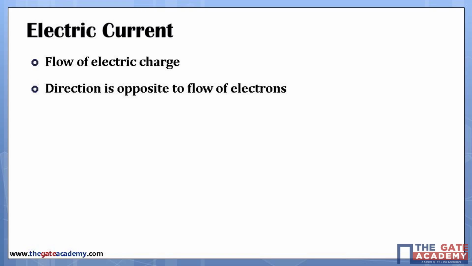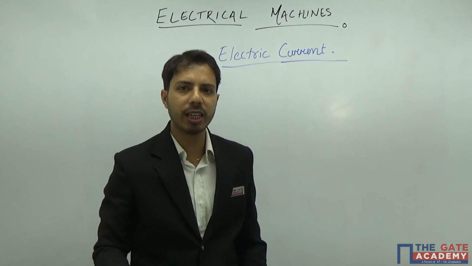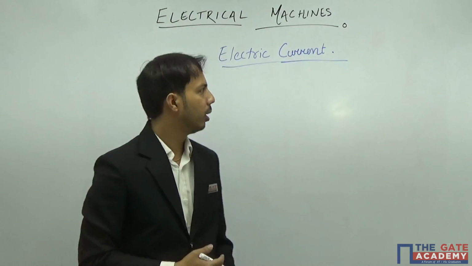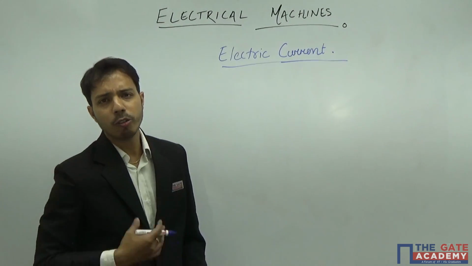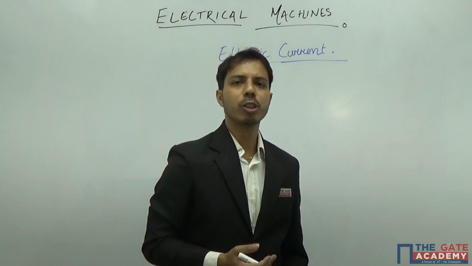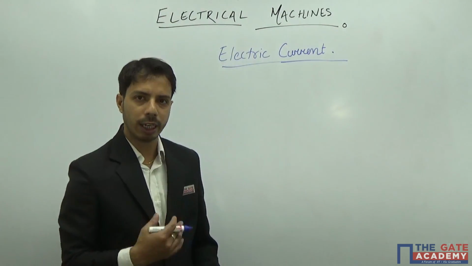The second important concept is electric current. What is electric current? This is also a very familiar term for electrical engineers or for any science student. Electric current is nothing but flow of charge, or in other words, flow of electrons.